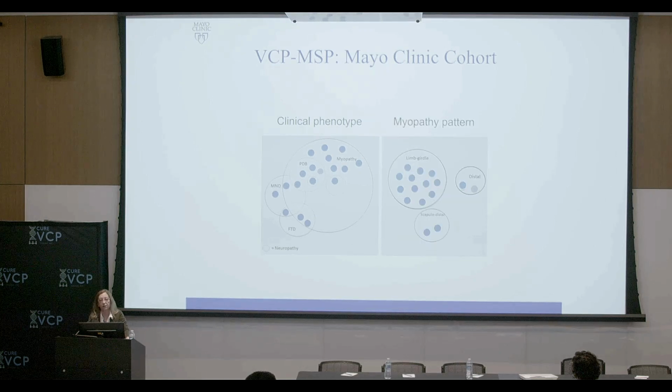Looking at the pattern of weakness distribution, most patients have limb girdle weakness, and fewer had distal weakness. A few other patients had scapulodistal weakness.